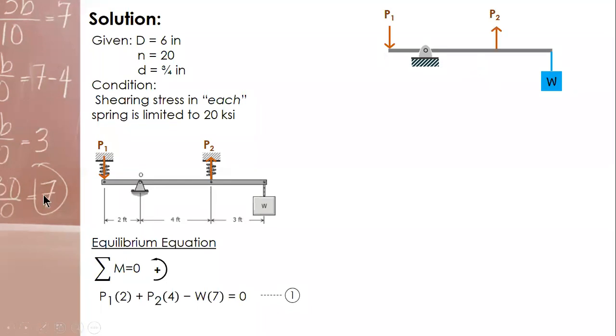So your bar will have a deformed shape like this, and this is the spring deformation, delta 1, and this one is the spring deformation for spring number 2. There we get the compatibility equation by ratio and proportion.